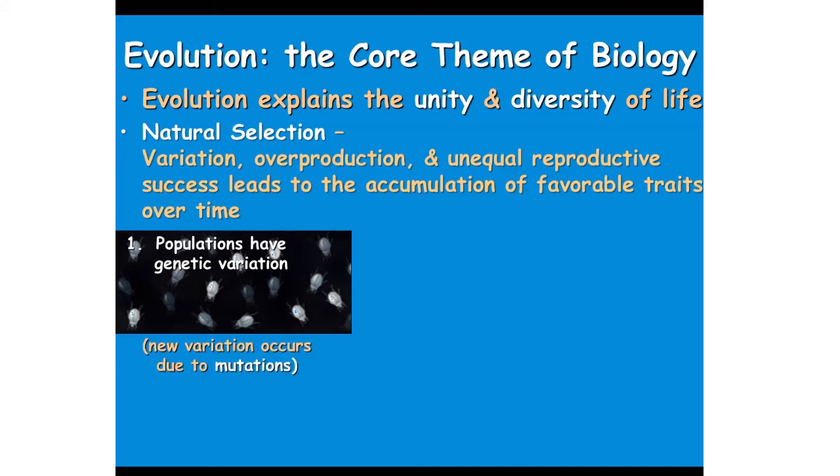These guys are going to end up with a predator. But first, mutations. We're going to come back to mutations. Mutations are actually little mistakes that are made in the DNA when DNA is making more DNA. Most of the time, those mistakes don't do anything. Sometimes they change the organism for the worse, sometimes for the better.